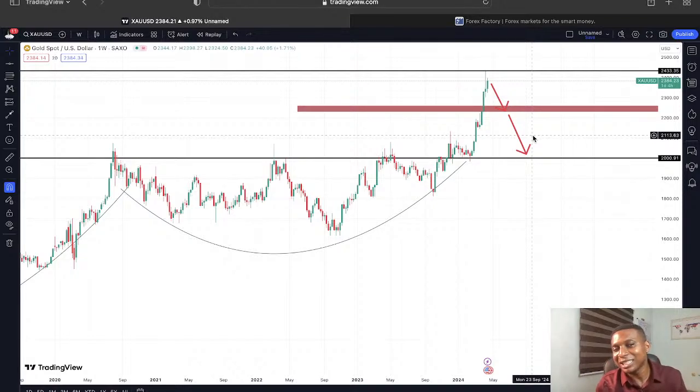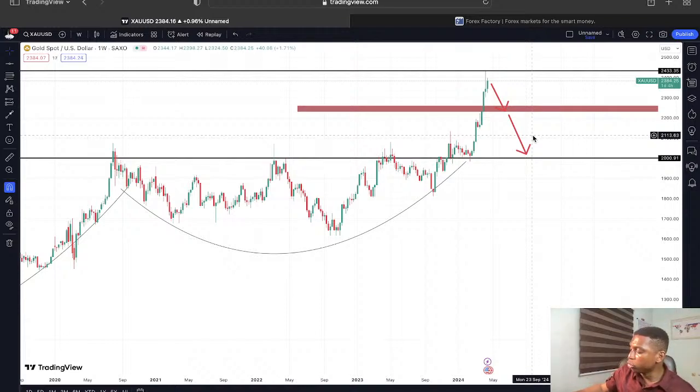Gold is a safe haven, and during economic war and disasters, investors look for alternatives to other currencies that might be directly impacted by the war, and they move to gold.